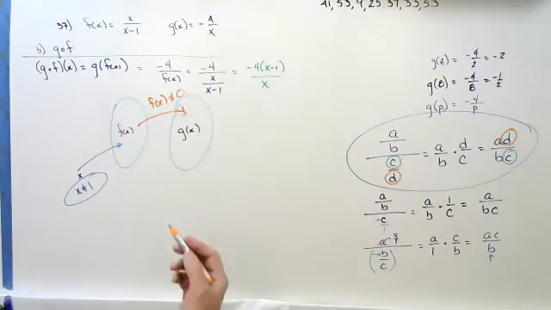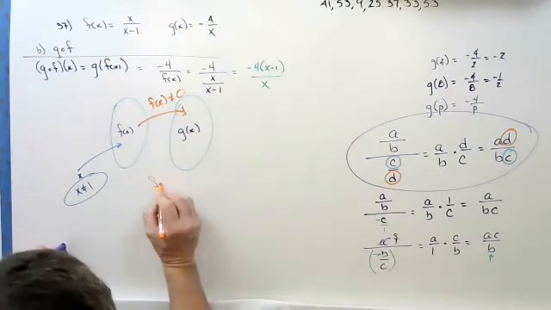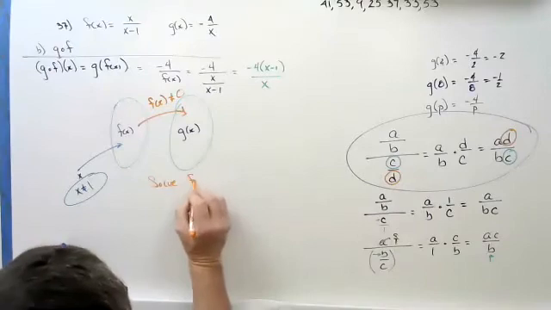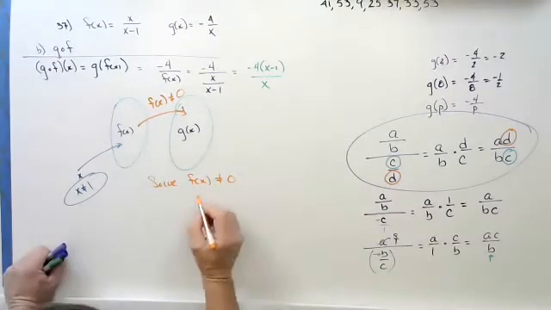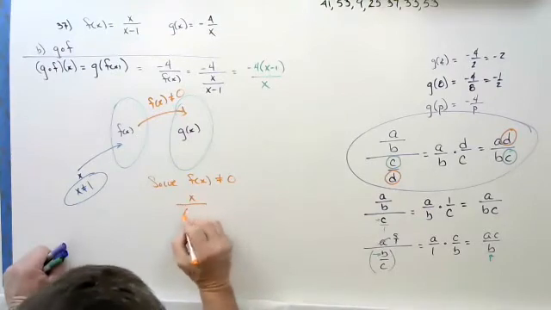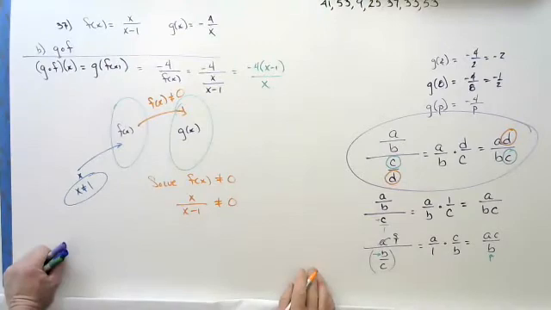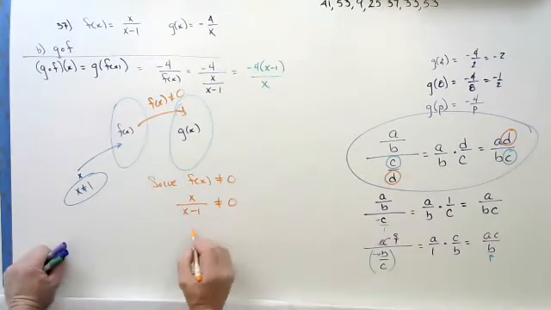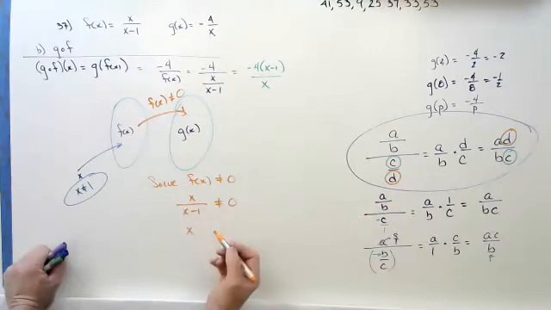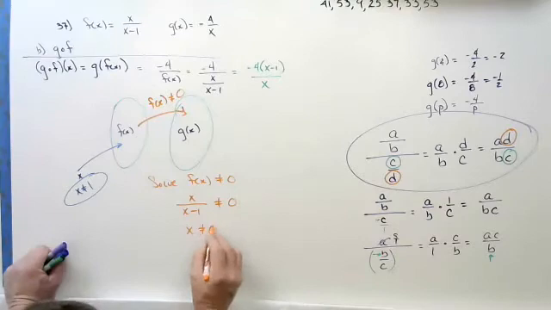Now we always have to solve that. So f of x is x over x minus 1. That cannot be 0. We multiply both sides by x minus 1. That's how you clear the fraction. This side's still x, of course. Over here, when you multiply 0 by x minus 1, you get 0.